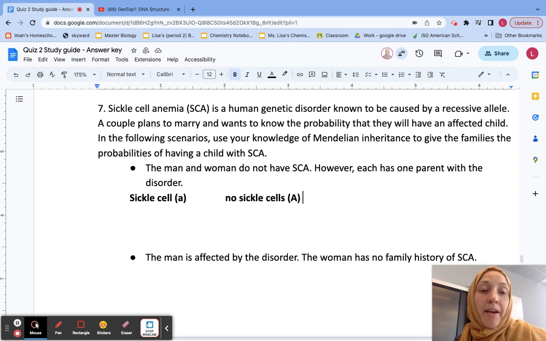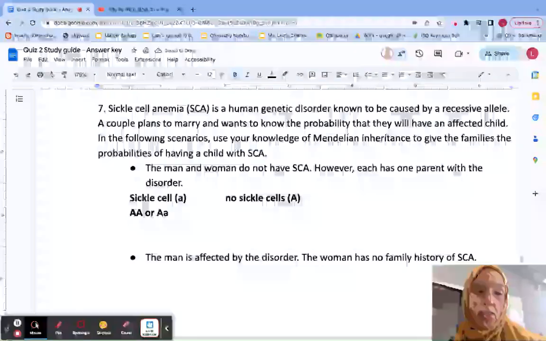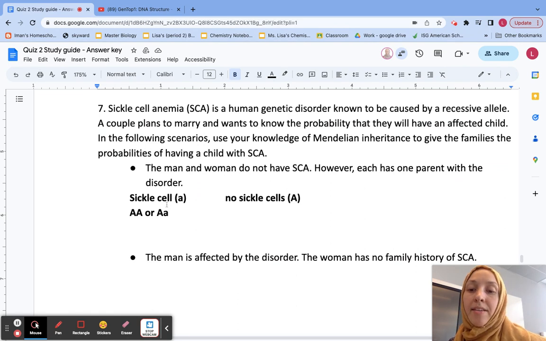However, each one has a parent with the disorder. If they do not have sickle cell, they must be homozygous dominant or heterozygous. But we have to decide which one it is.